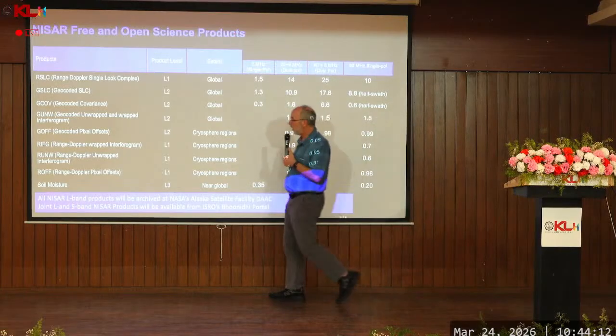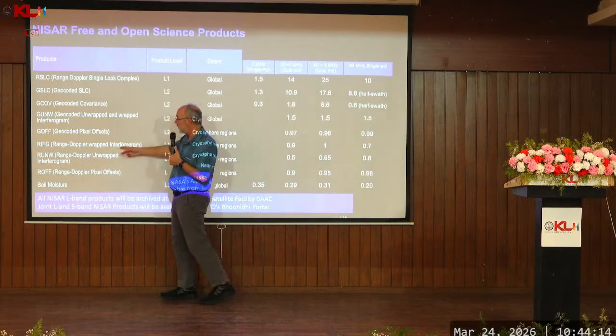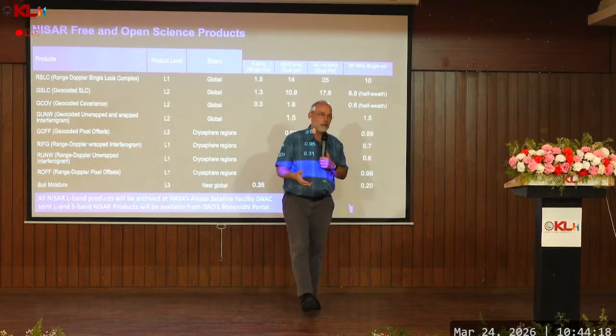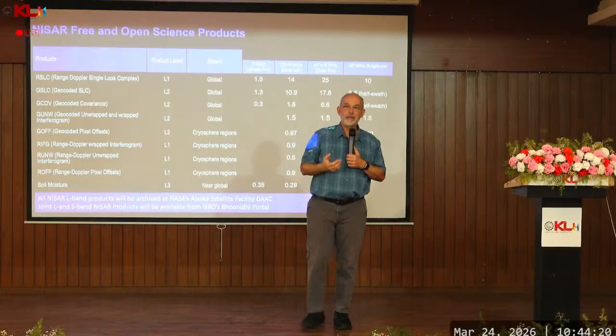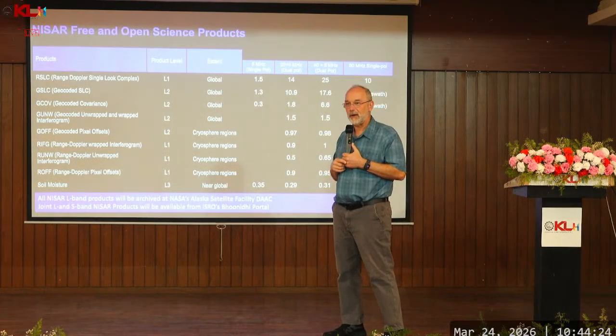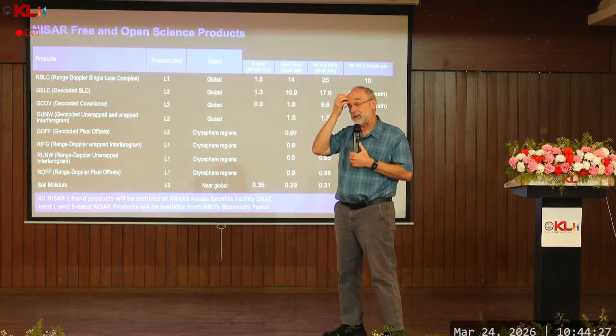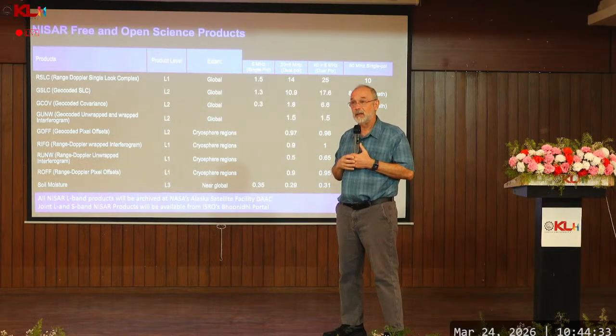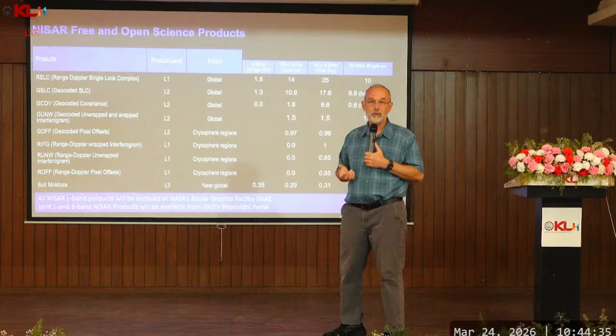Let's see, we also produce, for the first time, interferograms. For the agricultural community, I would say that not many people yet use these interferograms. But I would also say that I think it's a resource for land cover and land use change studies that is underutilized.